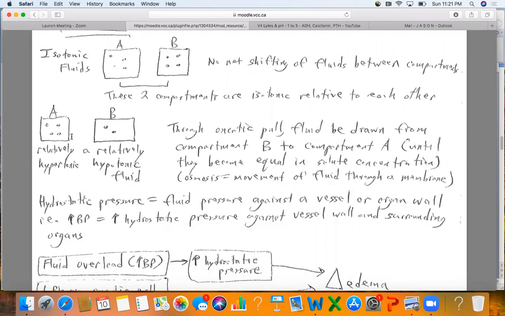Hypo meaning less solutes, hypotonic relative to the body. When we say body, we're talking about intracellular fluid and extracellular fluid, because those two fluids are isotonic to each other. Water compared to these two fluids is hypotonic. So here's the body, here's water.